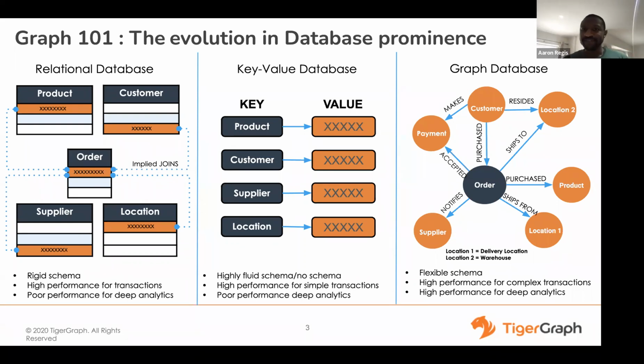And so if you look here on this slide, you can see what I describe as an evolution in database prominence. We had relational technology that's been with us for a while now, very well understood, solves many problems, has some deficiencies, and those were exposed with the advent of the web scale era.